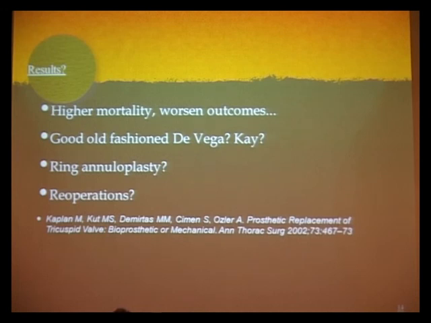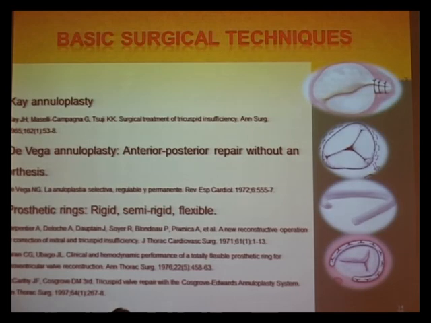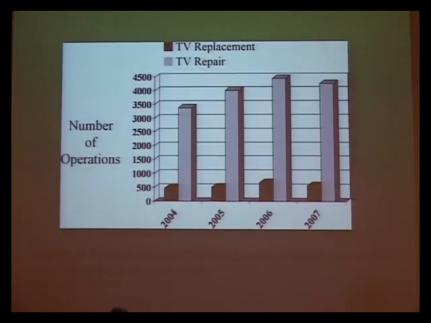As was mentioned by the previous lecture, the good old De Vega, the good old Kay, and ring annuloplasty all have good results. You can see the basic style of surgical techniques here, I'm just skipping that for the sake of time.